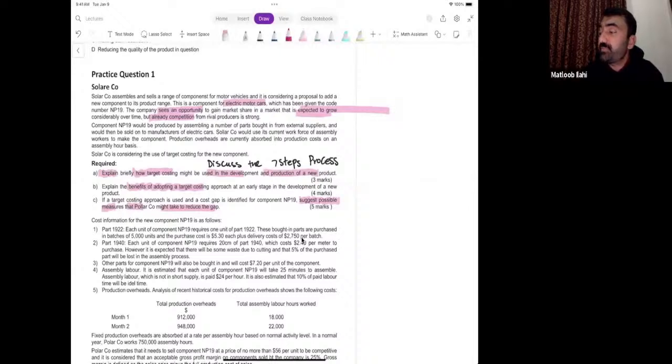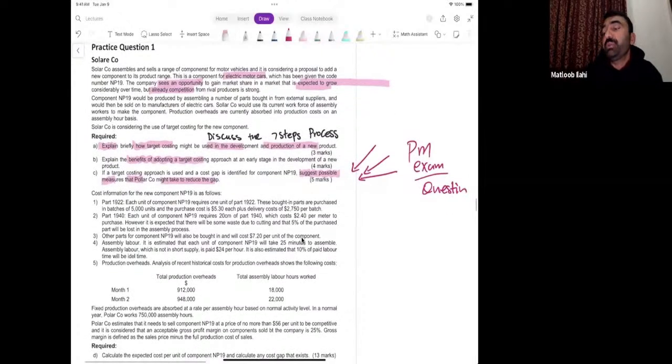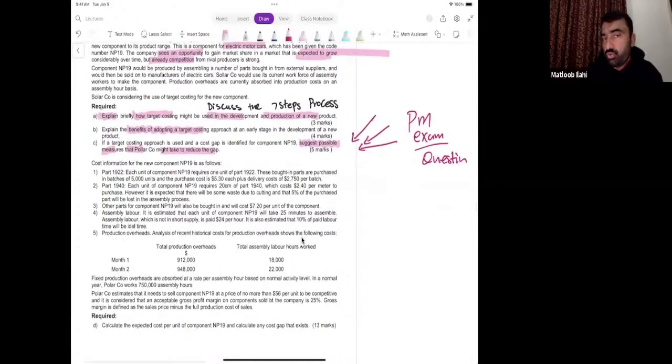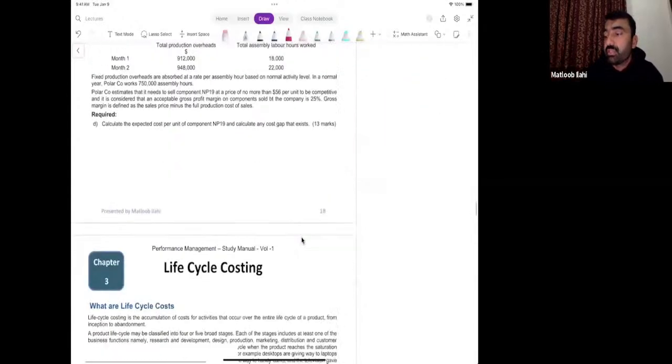So when you are suggesting these measures, you have to make sure that you are suggesting them within the situation given. Performance management exams love to test these types of questions. And then part D is about calculation. Hopefully we will be doing it, or I can share its solution with you later, after we work on this question.